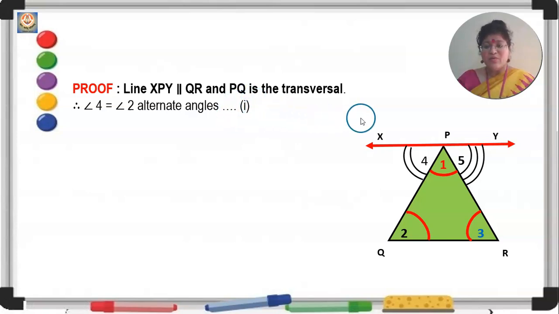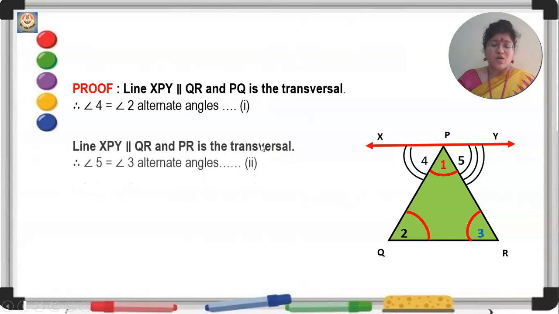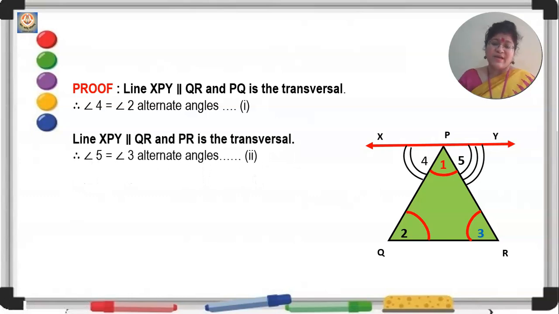Now the same thing you get on this side. You know that XPY is parallel to QR and PR is a transversal. Now because of that, angle 5 becomes congruent to angle 3 because they are alternate angles. So we number that as statement 2.